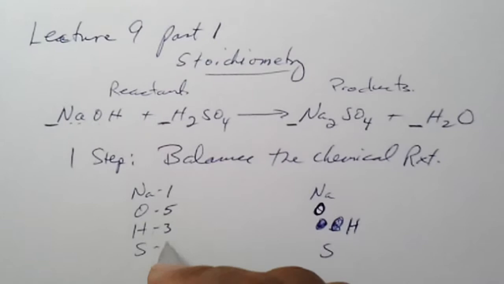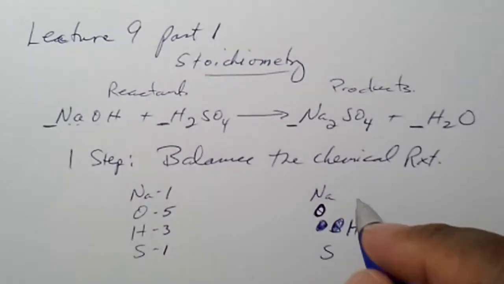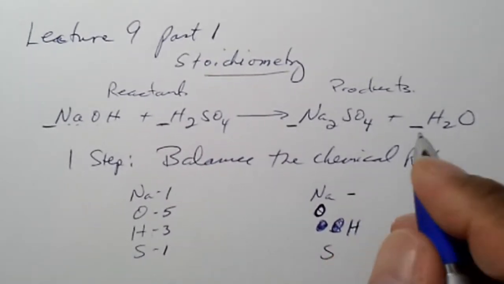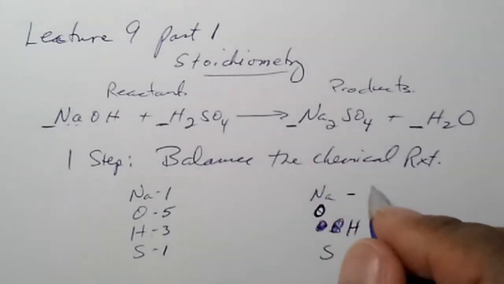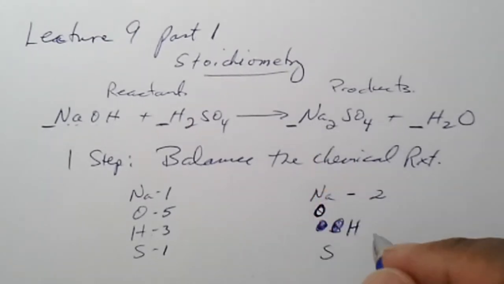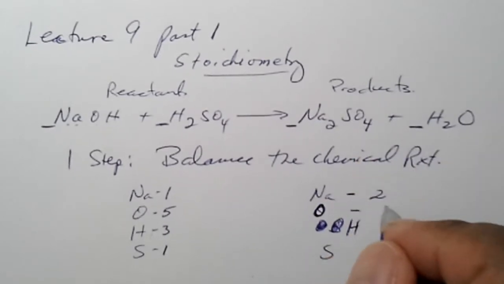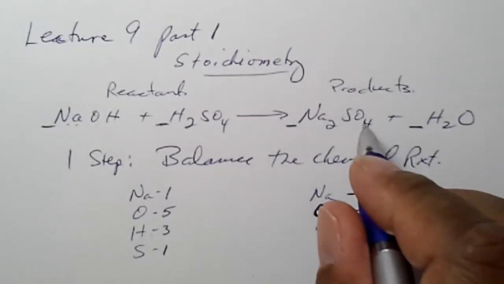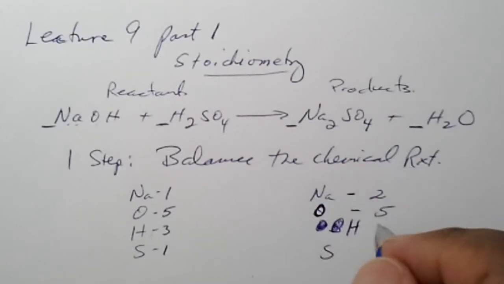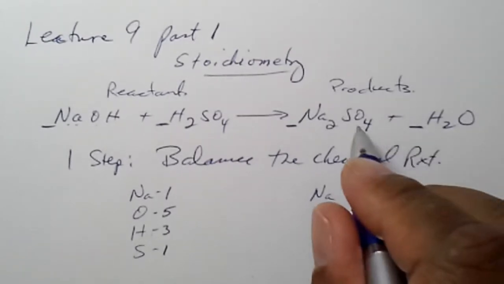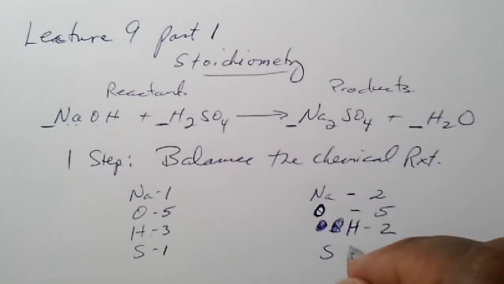We have 1. Alright, on the other side of the equation, under products, we have 2 sodiums. We have 5 oxygens, and hydrogens we have 2, sulfurs we have 1.